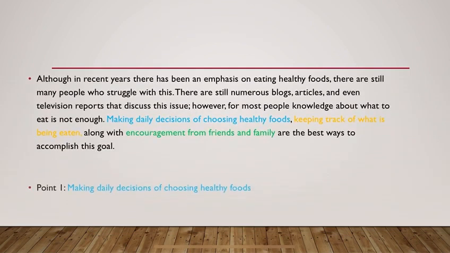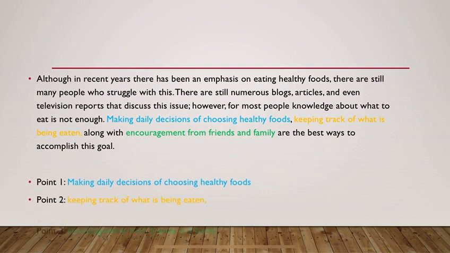Now, let's take a look at how we can take our main points in order to make the body paragraphs. In the thesis statement, we can state 3 points like this. Point 1, making daily decisions of choosing healthy foods. Point 2, keeping track of what is being eaten. Point 3, encouragement from friends and family. These points can make our body paragraphs.